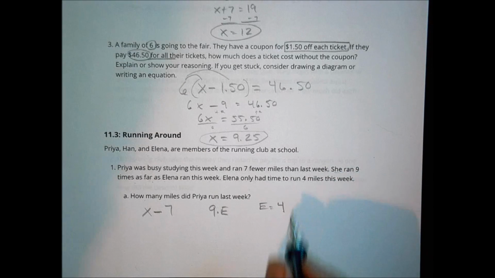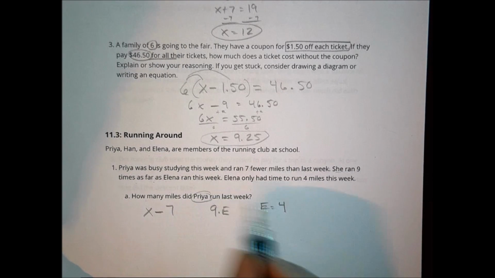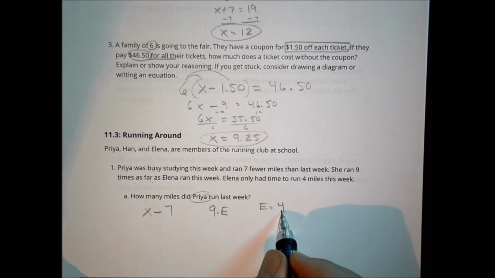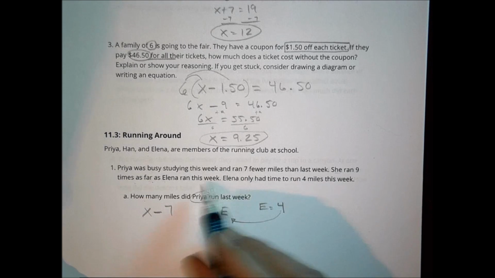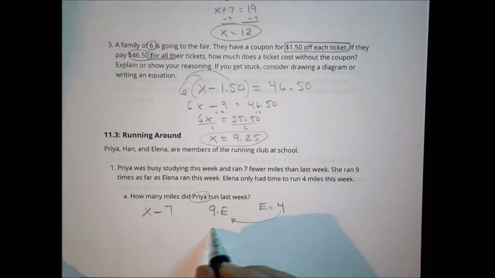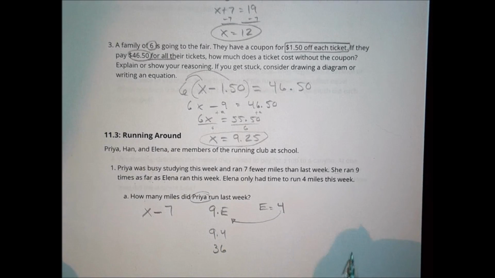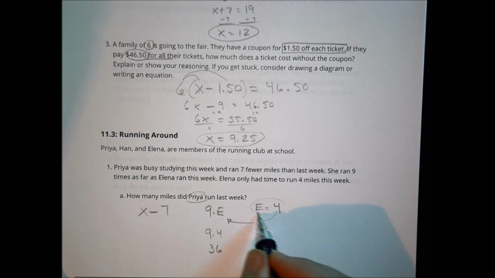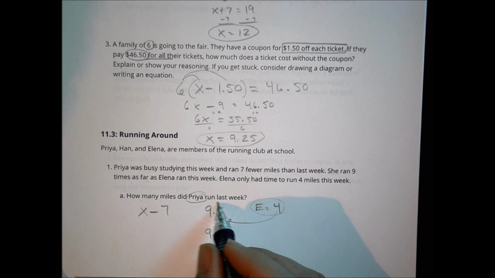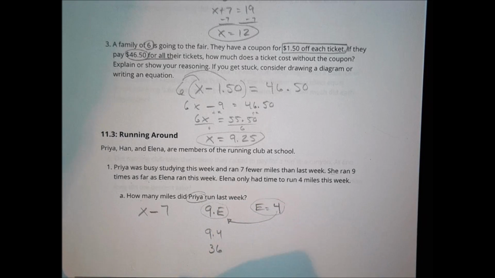Okay, so working backwards, how much did Priya run last week? If Elena ran 4 this week, and Priya ran this week 9 times as far, then we know she's going to run 9 times 4, which is 36. Okay, so that's this week. This week she ran 36. Elena ran 4 this week. Priya ran 9 times that, which is 36 this week.